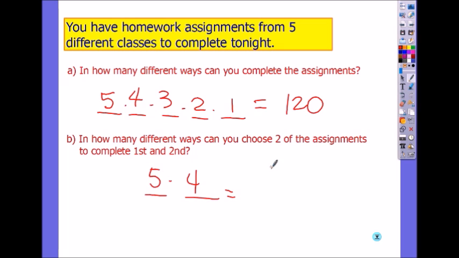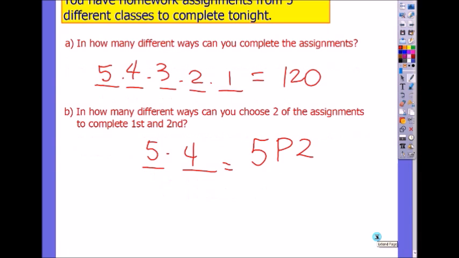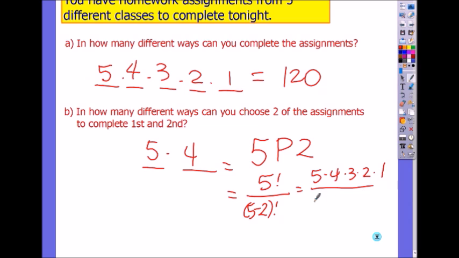Because you're picking 2 from 5. So it's permutation. Do you see why the order matters? So then what is this? It's 5 factorial divided by 5 minus 2 factorial, which is 5, 4, 3, 2, 1, and 3 factorial is 3, 2, 1. So you get 20. 20 ways.